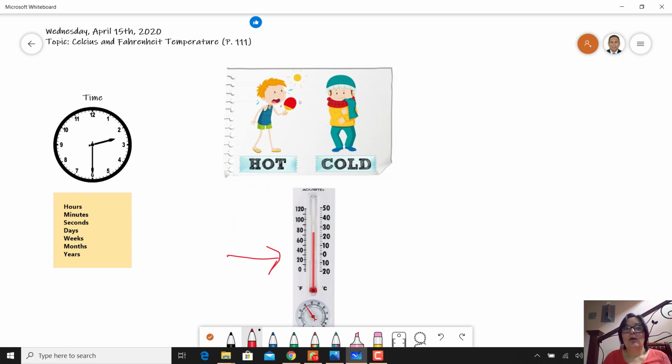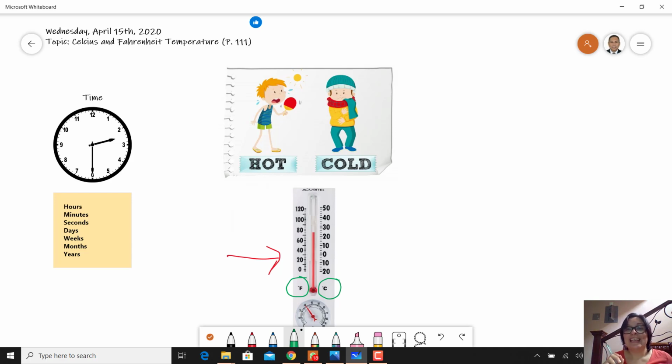So, which are the units that we have to use to measure temperature? We have two units. We can measure the temperature in Celsius degrees or in Fahrenheit degrees.